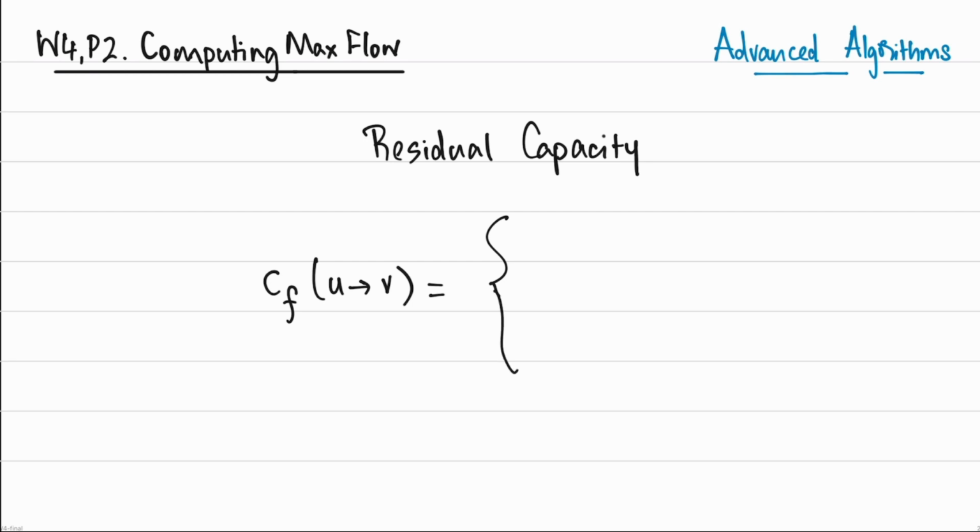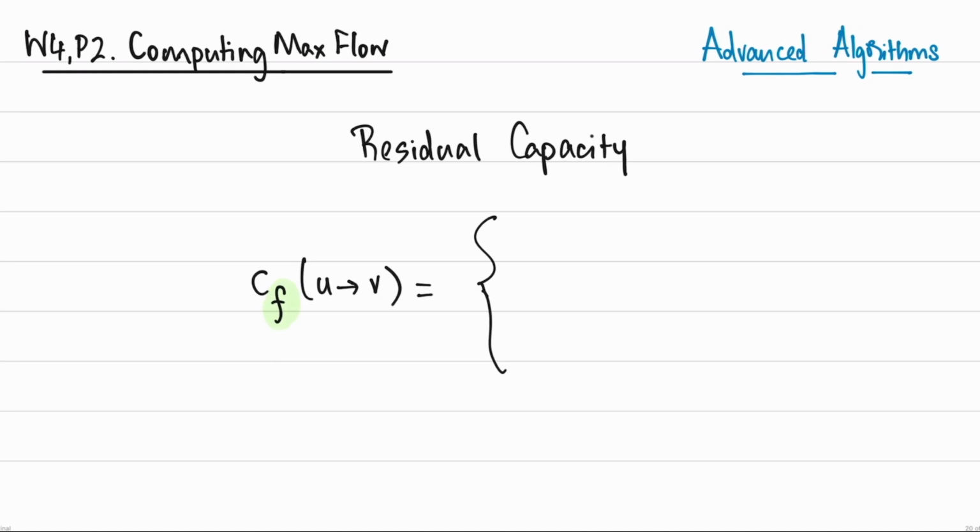If you just give me a flow network with some capacities and ask me to define a residual graph, I won't be able to do it. You have to give me a flow, and it's only in the context of that flow that I can talk about residual capacity. So this subscript F here is very relevant, okay?